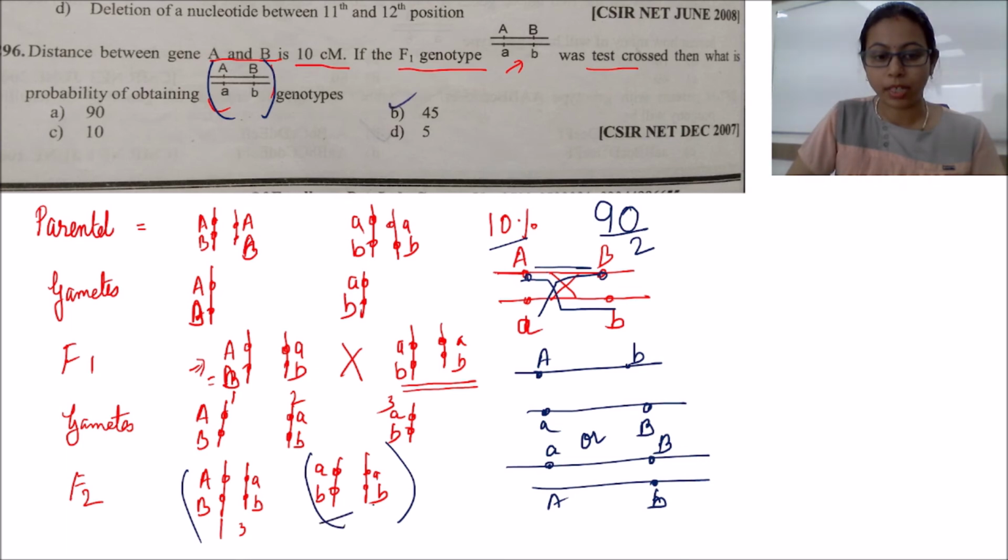That's why out of the 90% that does not undergo crossing over, half of the genotype will be this one. Half of 90 is 45. So the answer will be 45.